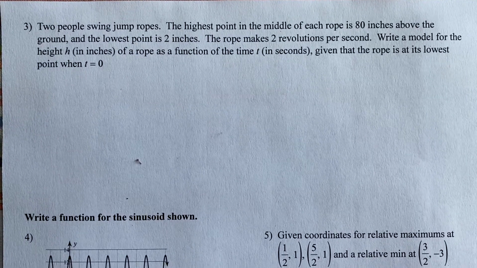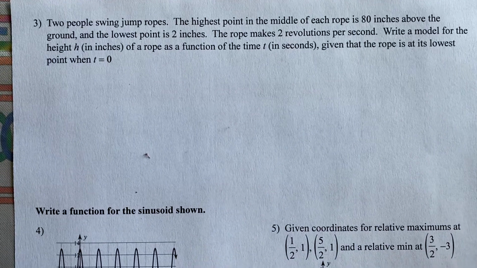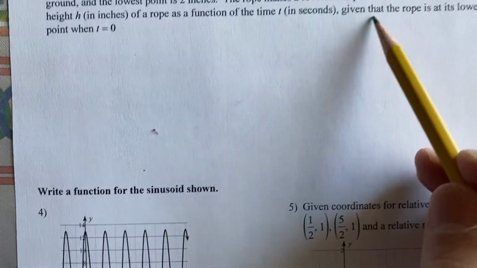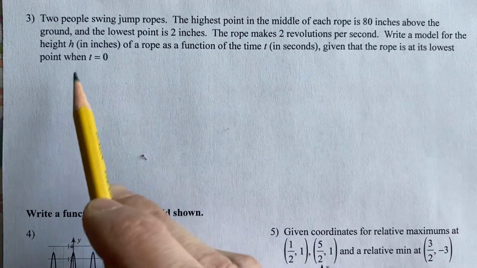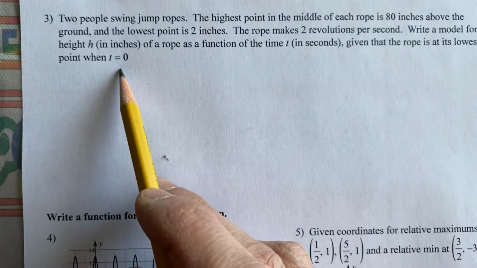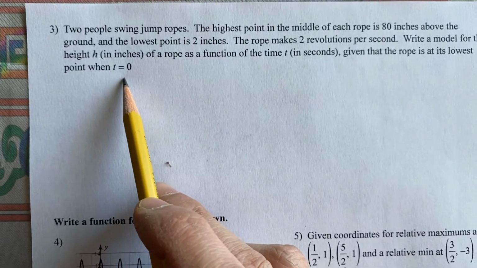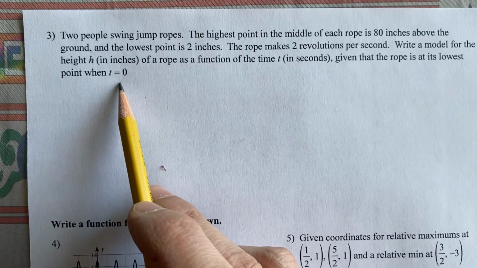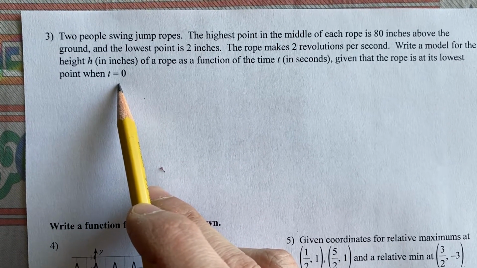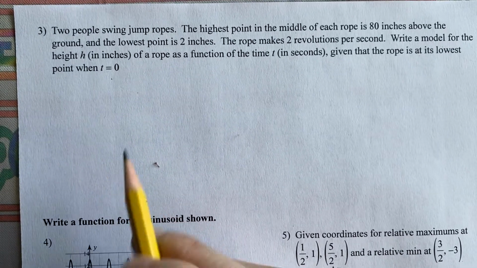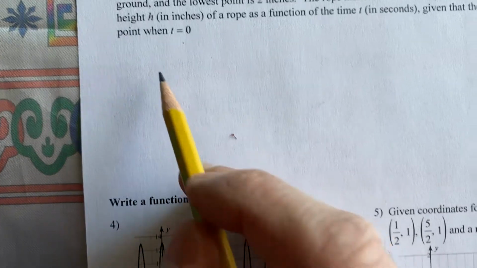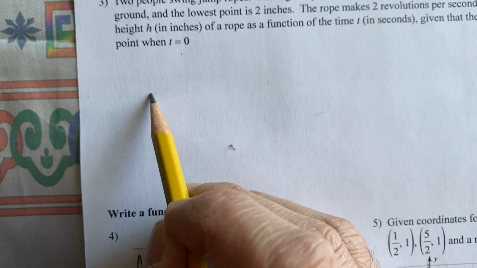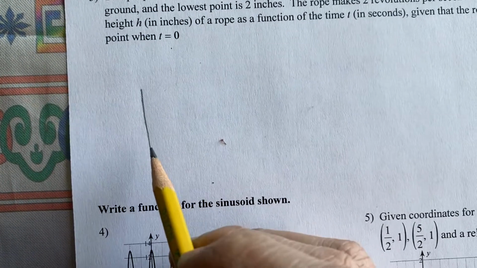Okay, so in order to start this problem, I'm going to use that last piece of information, which says that the rope is at its lowest point when t is equal to 0. That's going to determine what kind of function I have, whether it's a sine function or a cosine function. If you remember, for your cosine function, let me sketch it out on the side really quick.